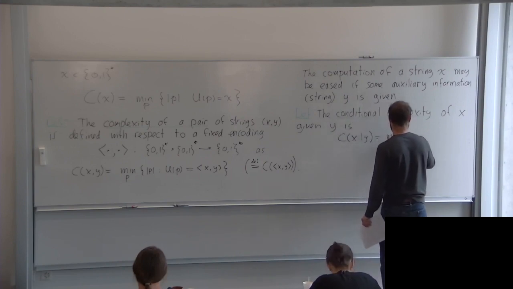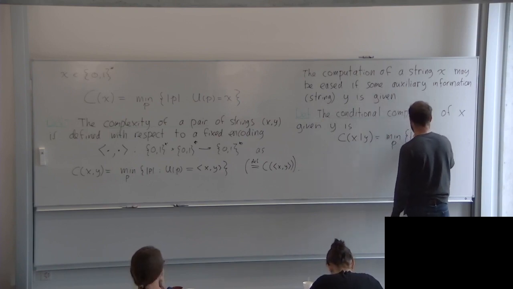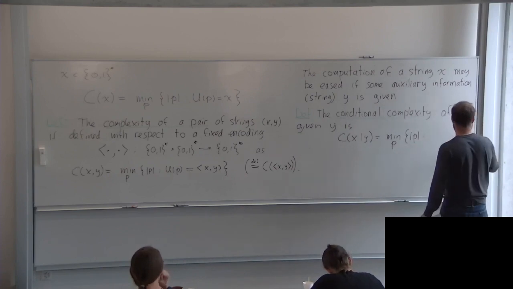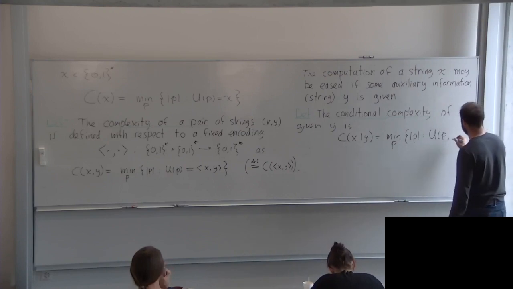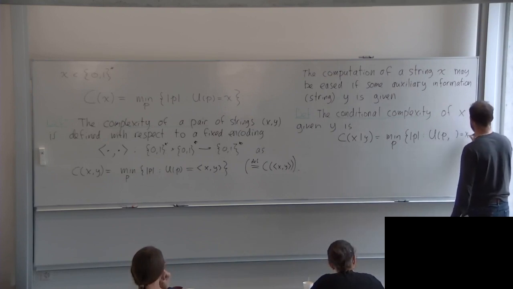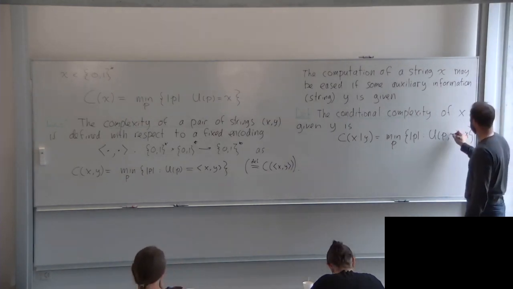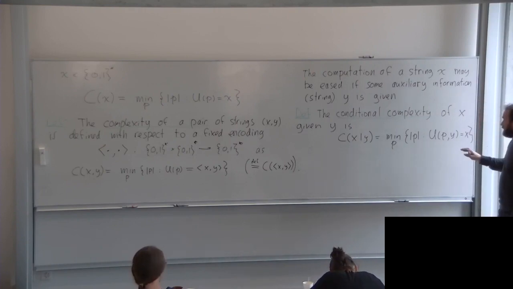It's the minimum length of a program p such that U of p produces x, but with a helper. The helper is the side information y. And note that now my universal Turing machine has 2 entries.